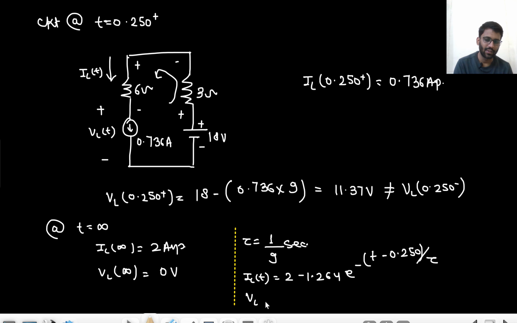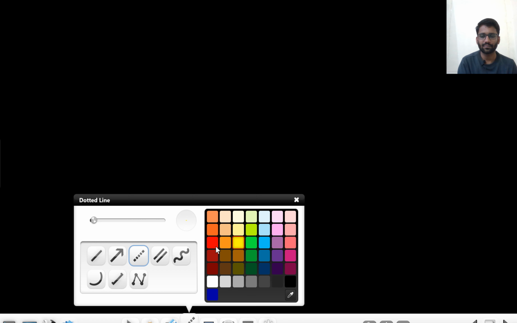And what will be your VL(t) now? VL(t) is 11.372, it is going to 0, right? So this is what is happening. So now I can make the complete graph, I guess.